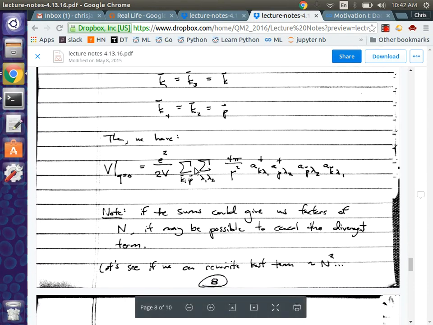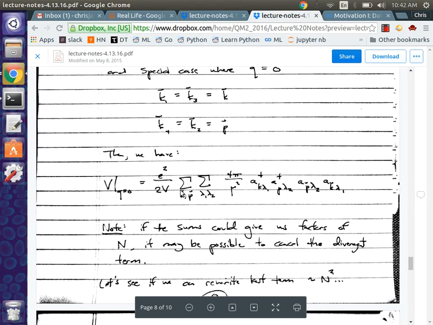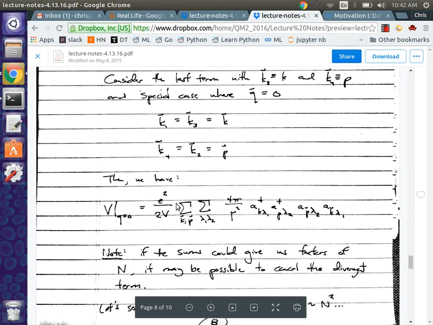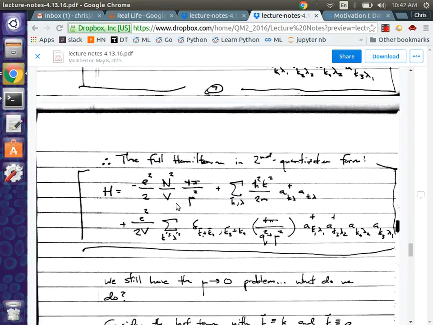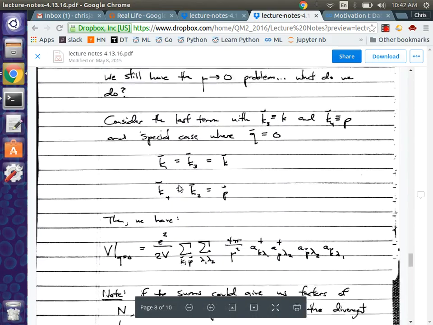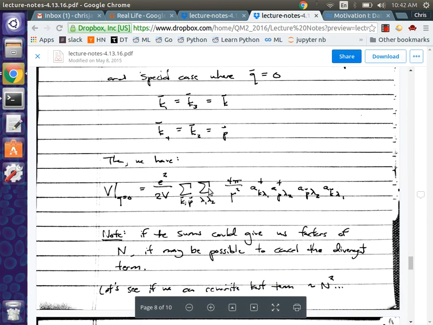What we can hope is that if we perform these sums, we're going to pick up, because if you look at this thing, we're off by a factor of, what do we need? We need n squared over V. So we need a factor of n squared to come out of this thing.